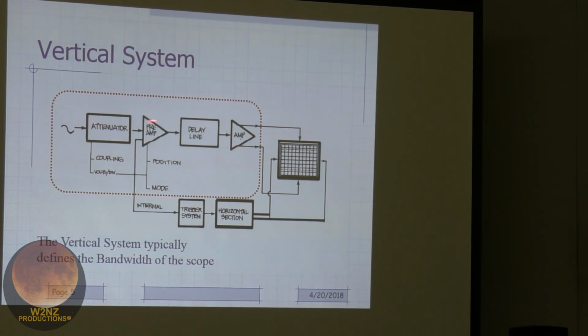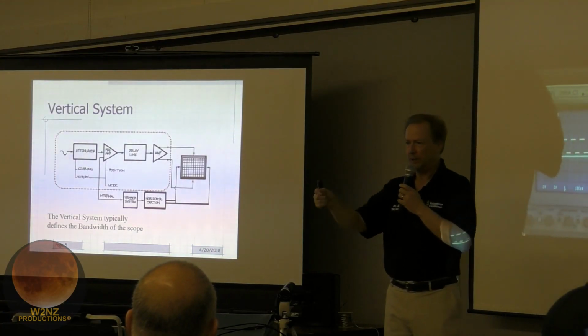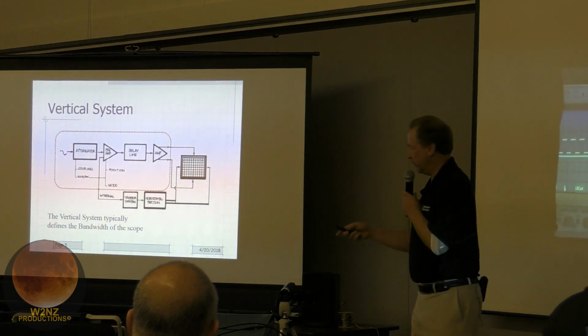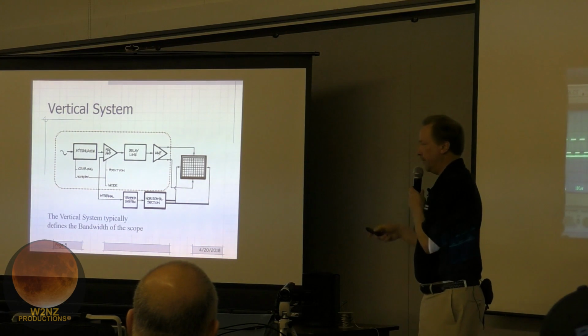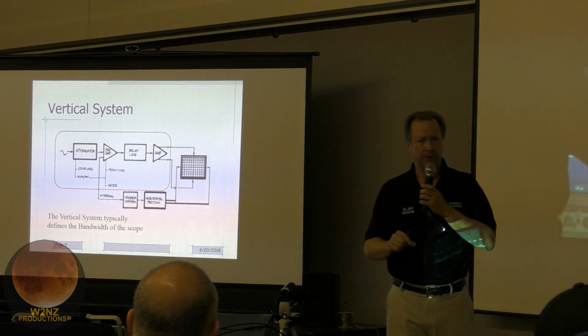Now notice the design here. We've basically got an input signal going into a variable attenuator and then into a preamp. When you adjust the vertical sensitivity on the scope, you're not really adjusting the gain of that front end. Generally, there's a fixed amount of gain from this point forward to drive the scope. What you're adjusting is the level of the signal going into that fixed gain amplifier.